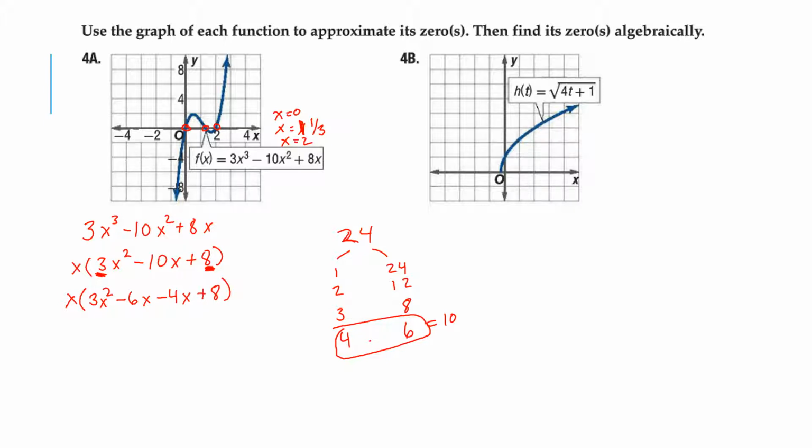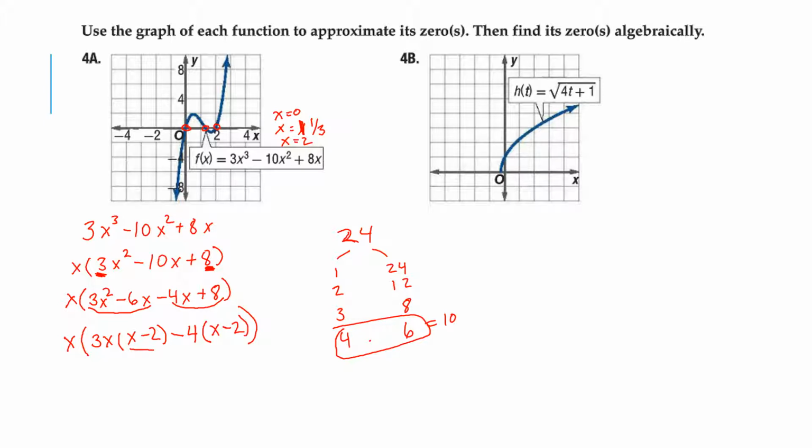Now I'm going to factor. I'm going to find the common factor here and the common factor here. x is still on the outside, and now I have 3x is a common factor, and inside I'm left with x minus 2. And then here I'm going to say minus 4, and I'm left with the inside x minus 2.